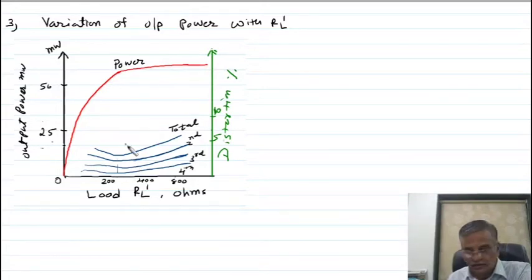This indicates that one has to sacrifice the output power to have a low value of harmonic distortion. So this is one disadvantage, or drawback, of the transformer coupled power amplifier. Therefore, for a good power amplifier design, one has to sacrifice the output power to get low distortion.